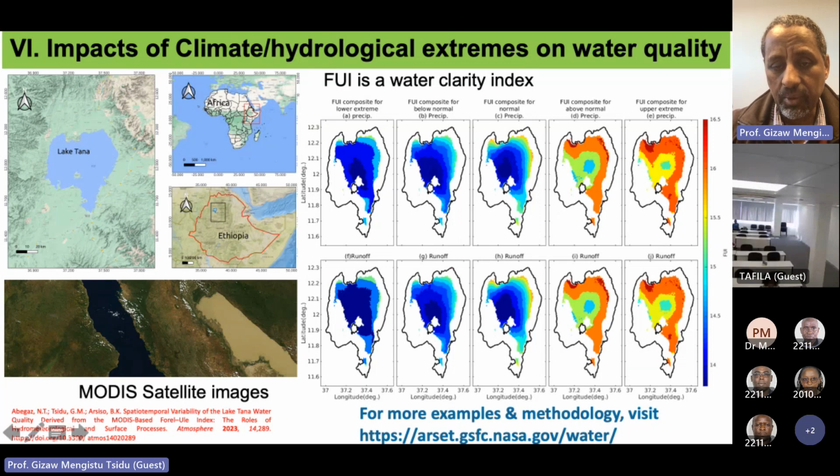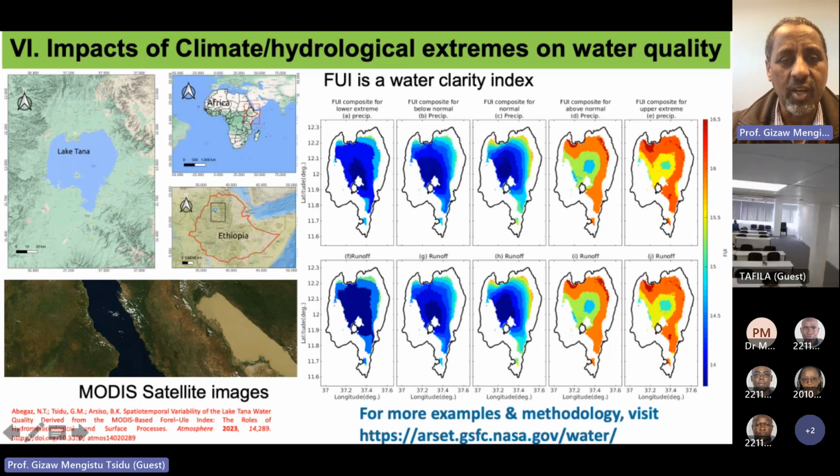We also looked at how surface runoff affects water quality. The bottom 5 panels show extreme heavy runoff, above normal runoff, normal runoff, below normal runoff, and extremely low surface runoff. So again, you see the quality.